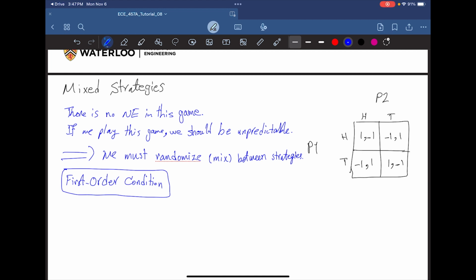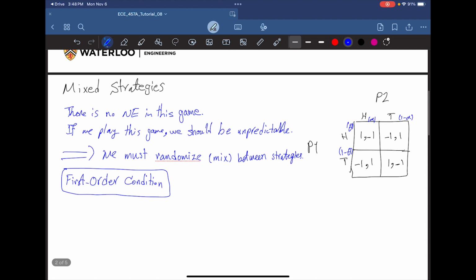So we say that for player 1, H happens with a probability of theta, and for tail, it happens with a probability of 1 minus theta. And this is also the case for player 2, H happens with the probability of alpha, for example, and T happens with a probability of 1 minus alpha.